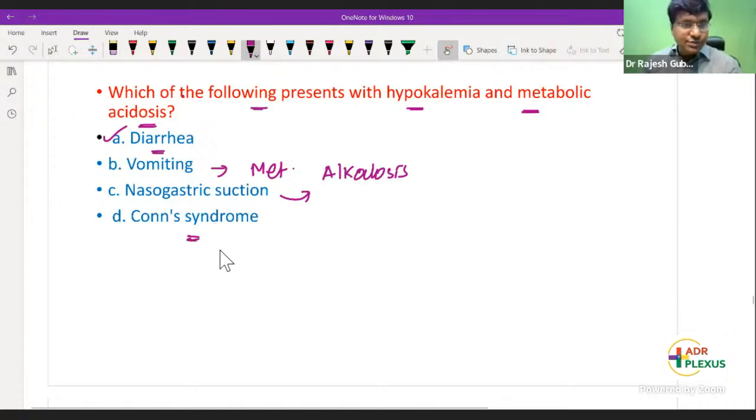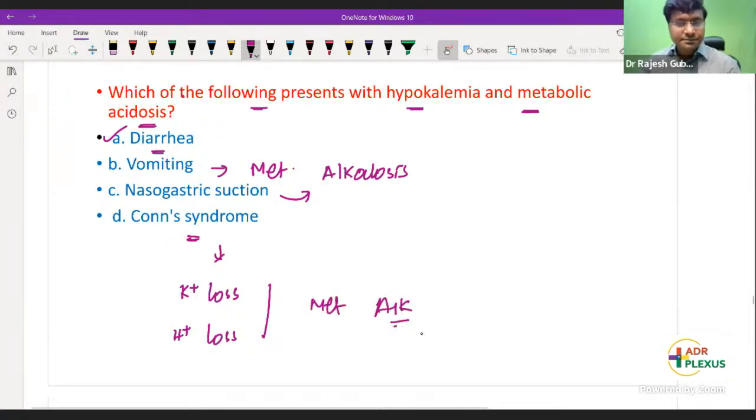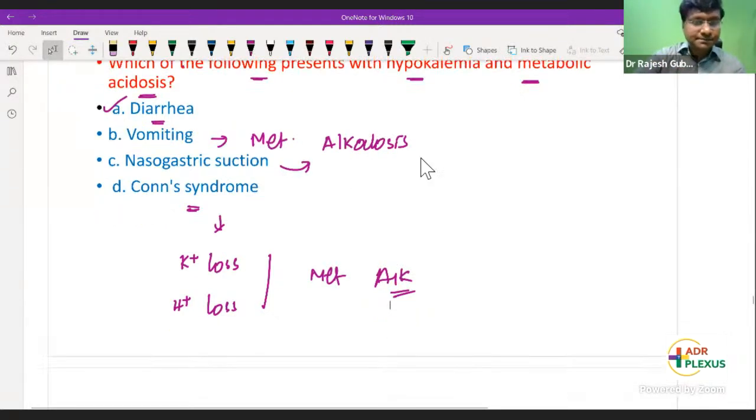In Conn syndrome there is hyperaldosteronism, so there will be potassium loss and even H+ ion loss, which will also lead to metabolic alkalosis. So it is diarrhea which presents as hypokalemia and metabolic acidosis.